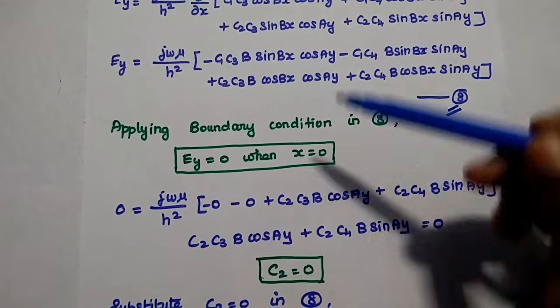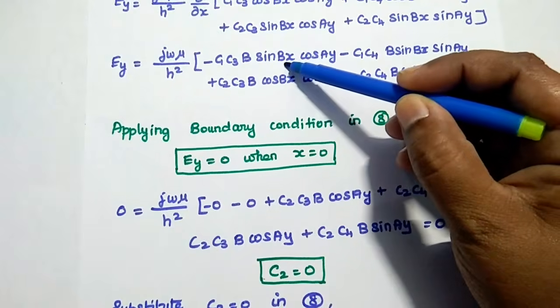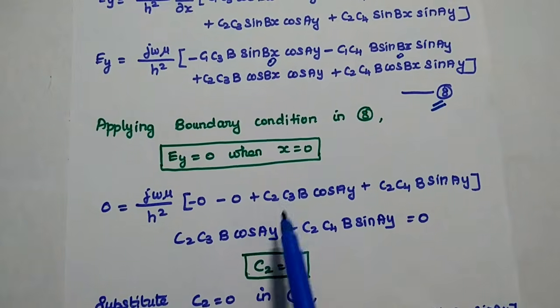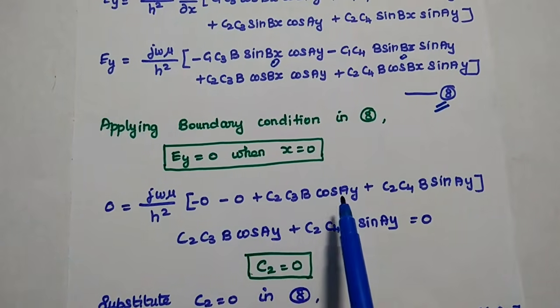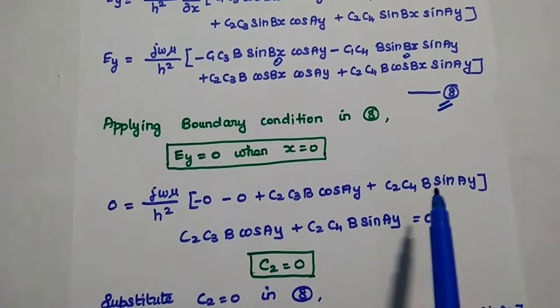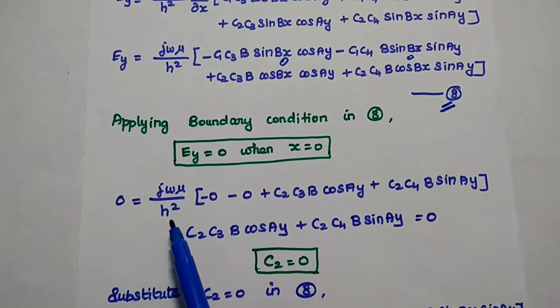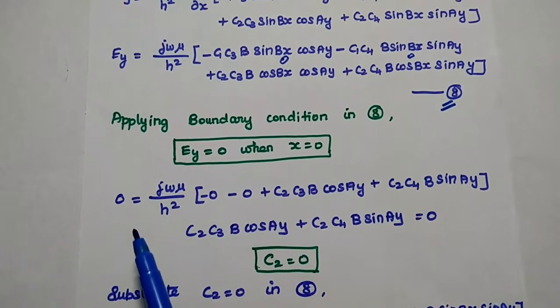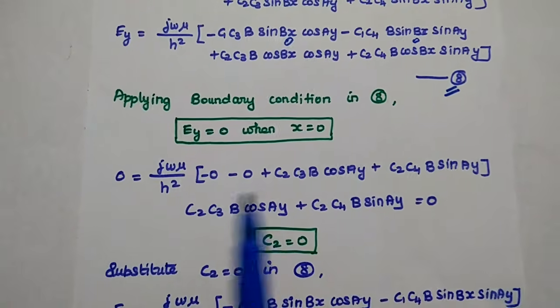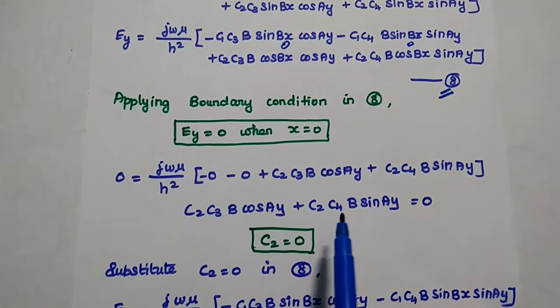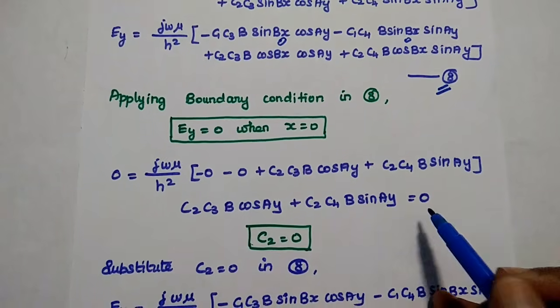Here x is equal to 0 means sin Bx becomes 0. Then we get plus C2 C3 B cos Ay plus C2 C4 B sin Ay. Then we can move j omega mu by h squared to the other side, and the term becomes 0 as well. Here it is C2 C3 B cos Ay plus C2 C4 B sin Ay is equal to 0.